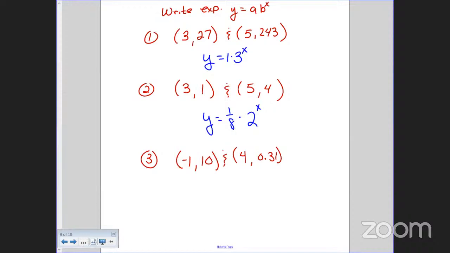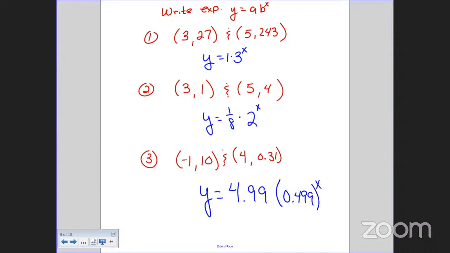Oh, I like that. Y equals 4.99 times 0.499 raised to the x. Okay. So those are the 3 I asked you to try.